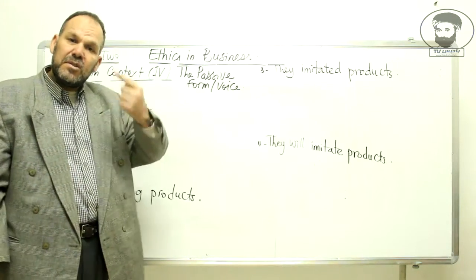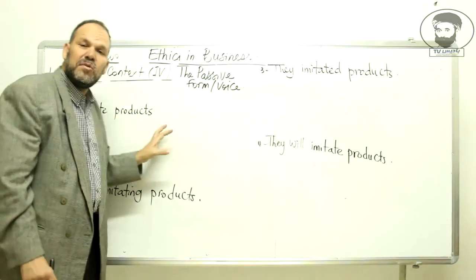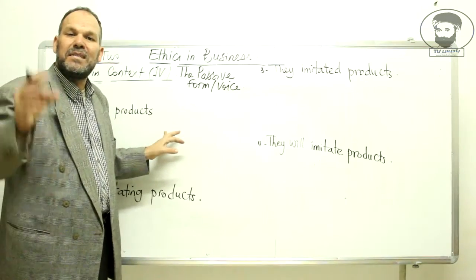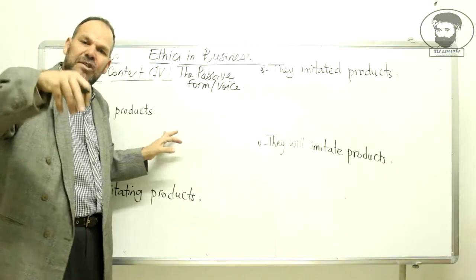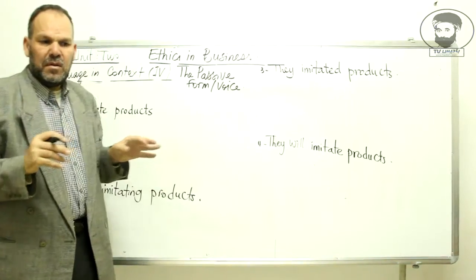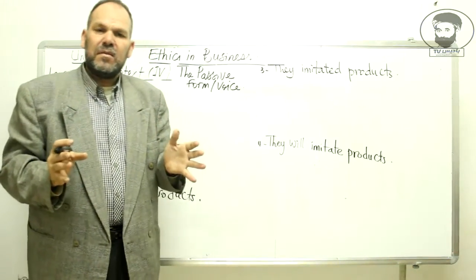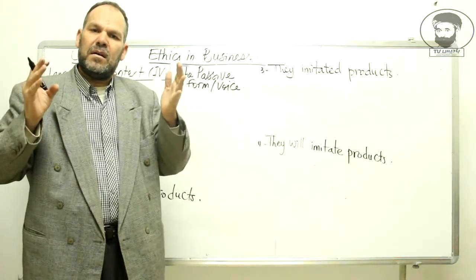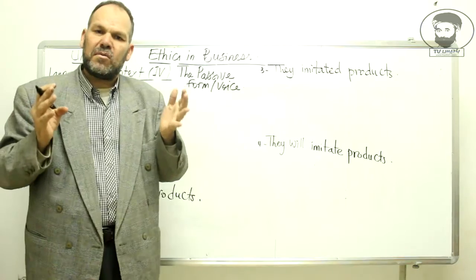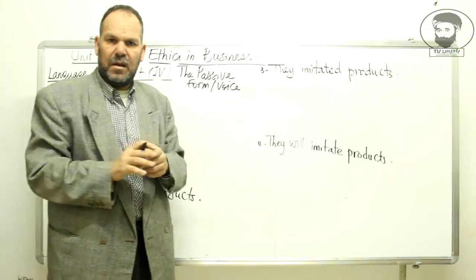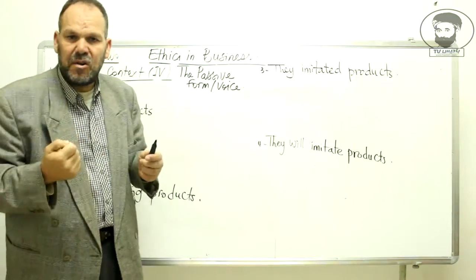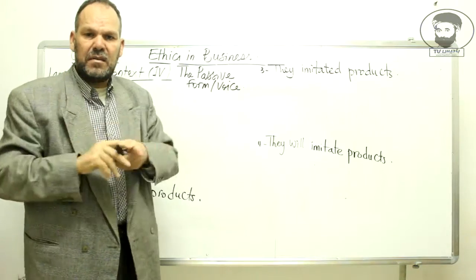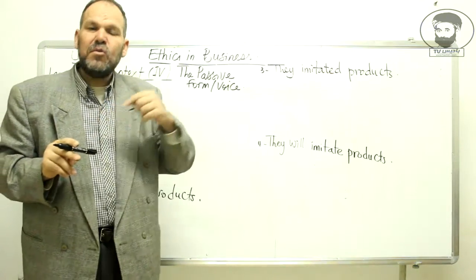But in some sentences or in some paragraphs we don't need the subject. We stress that we need the action. For example, we write a paragraph saying how to eradicate fraud and corruption from society. Now, if you want to insist on who must fight corruption, you use the active voice.